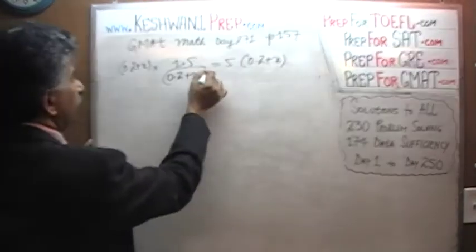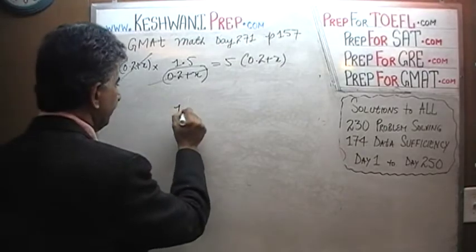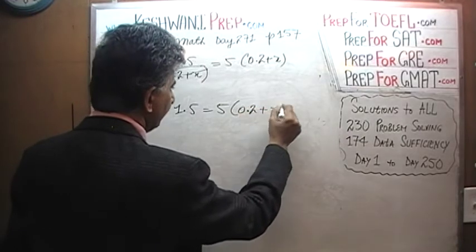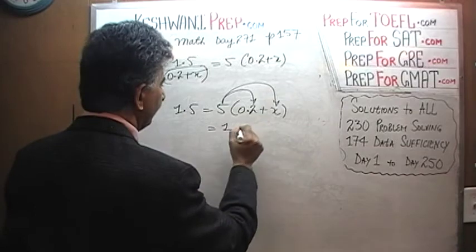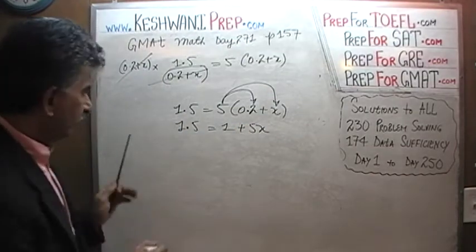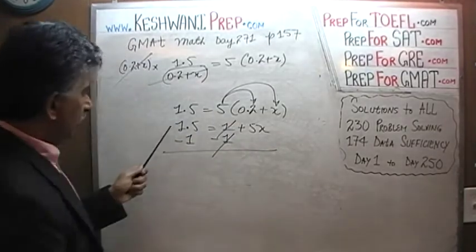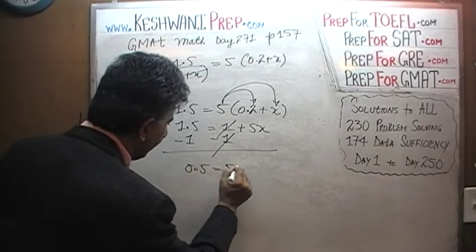If we do that, this quantity is going to drop out, and what we end up with is 1.5 equals 5 times 0.2 plus x. 5 times 0.2 is 1, and 5 times x is 5x. And here we have 1.5. Subtract 1 from both sides, and that 1 is going to drop out. 1.5 minus 1 is 0.5. 0.5 equals 5x.